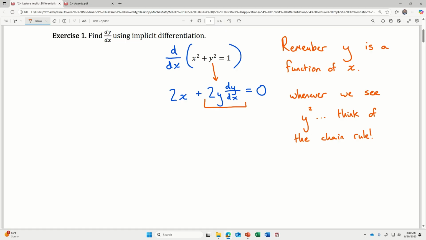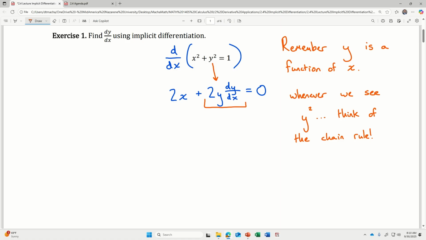We take the derivative of the outside function first. And the outside function here is y squared. The derivative of y squared would be 2y, right? Then we multiply times the derivative of the inside function. What's the inside function? It's y. So when I multiply by the derivative of y, I write dy dx because dy dx is the Leibniz notation for the derivative of y with respect to x. So it's a weird way to apply the derivative chain rule.